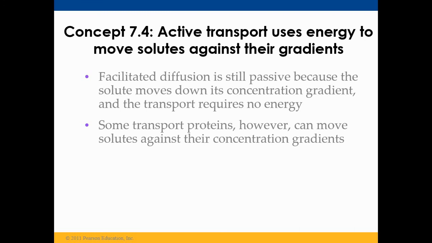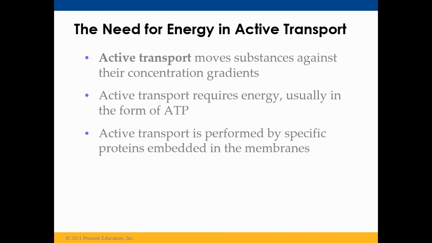Some transport proteins, however, can move solutes against concentration gradients. In active transport, they move substances against their concentration gradients. So, this requires energy, usually in the form of ATP.